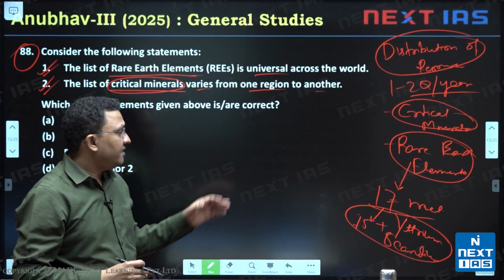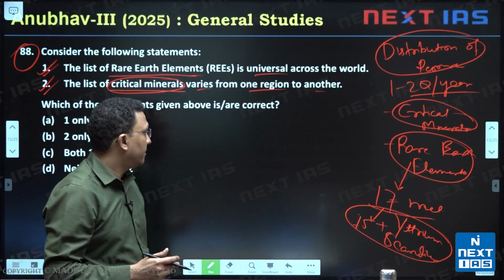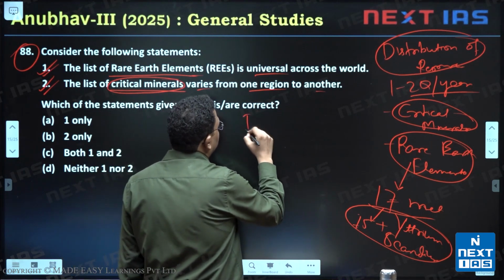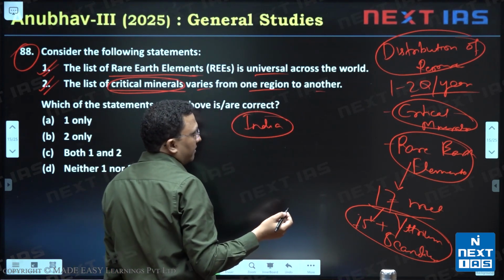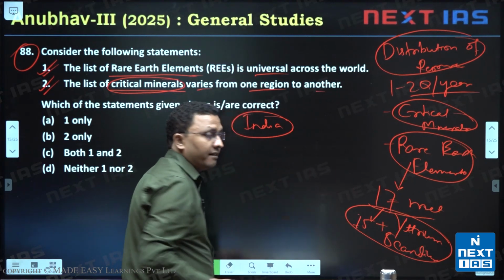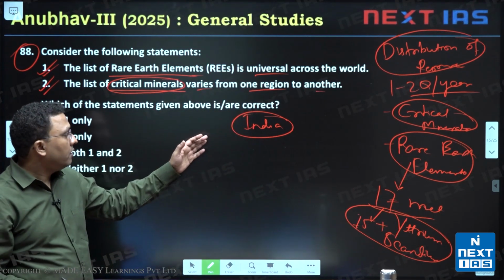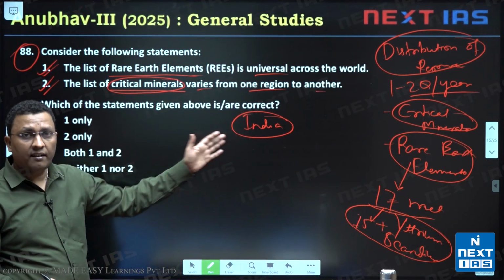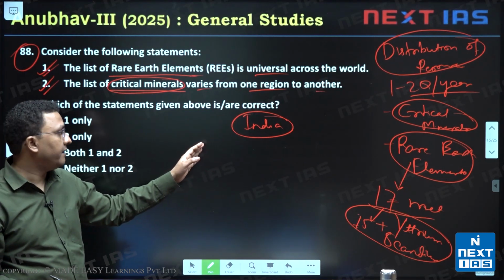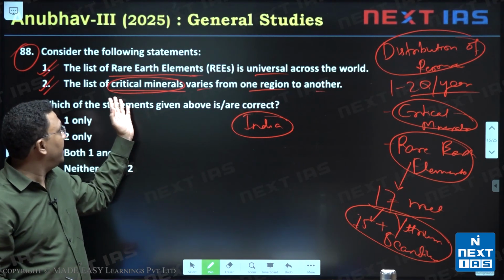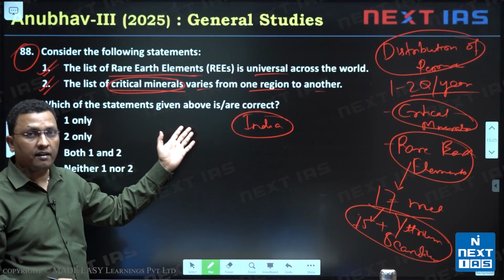It assesses its strategic importance. So let's say with respect to India, India will assess strategic importance of a mineral and also the availability of that mineral in the country. So based on these two parameters, any country categorizes any mineral as critical mineral, right?